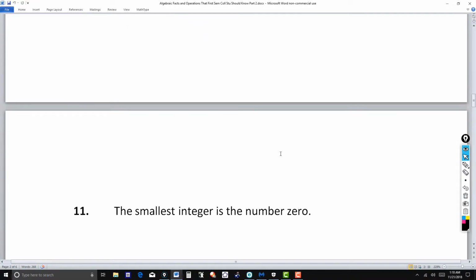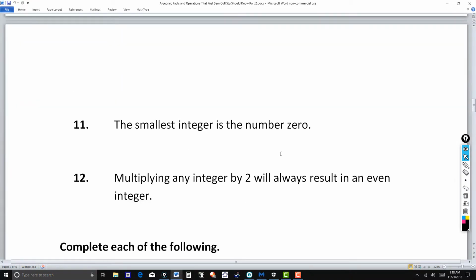Okay, I have 2 more on this topic here. The true false, number 11.